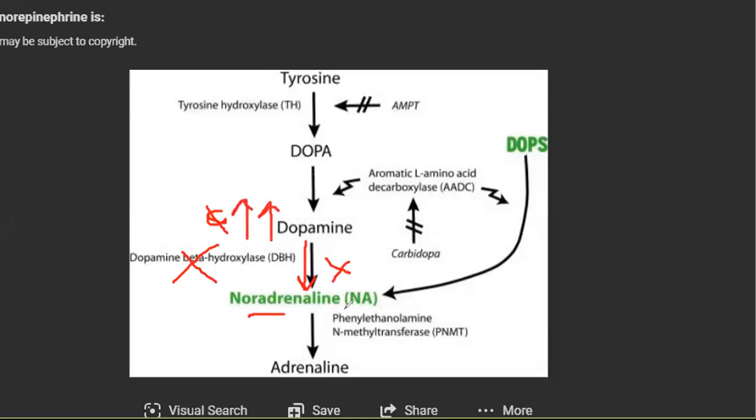Plus, you will not have noradrenaline or adrenaline in sufficient amounts. These are the main neurotransmitters for your sympathetic nervous system. So at how many levels are you destroying your conduction pathways in your body, just because of these vitamin deficiencies? Okay, so these are important things you need to remember.